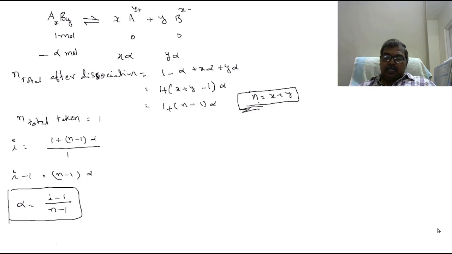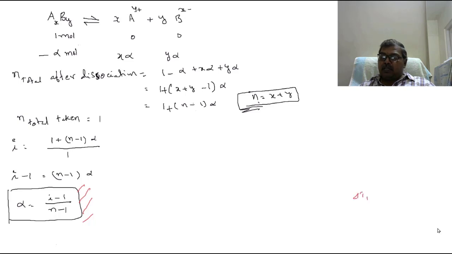So this is the relationship between degree of dissociation and Van 't Hoff factor. If the degree of dissociation is known, you can calculate i. If the i value is known, you can calculate the alpha value, right? After that, you can apply any of these formulas.